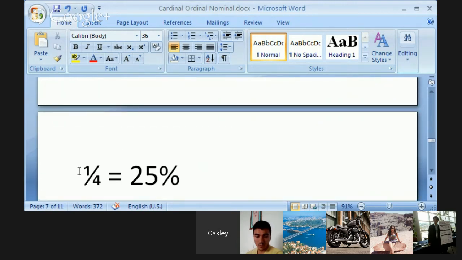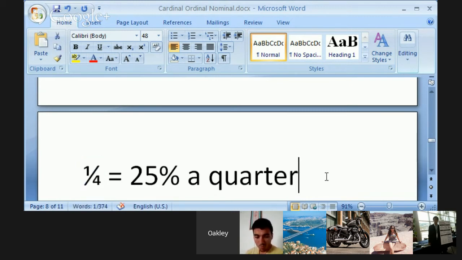Okay. What are we looking at here? Okay, Mehmet. What do we got here? Quarter. Okay, very good. Or 25%. Very good. Excellent. That's a quarter. Is there another way to say this first one? 1/4. Excellent. Okay, 1/4.